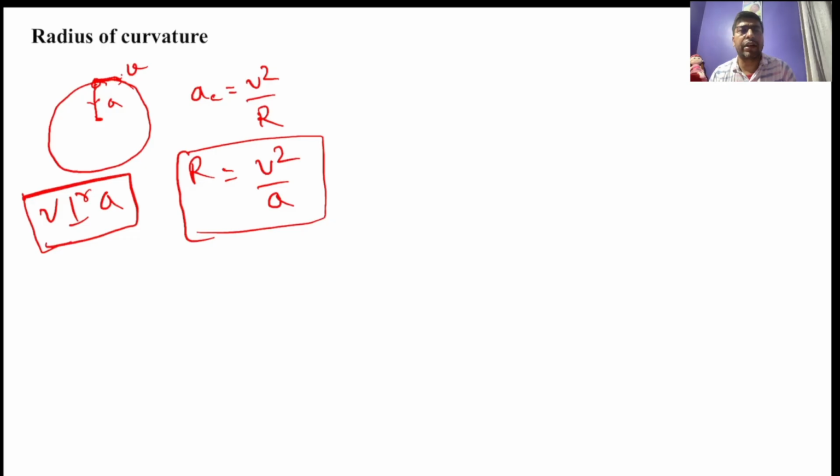Whenever we have to calculate radius of curvature, what we have to do? We have to take the square of velocity and divide by acceleration that is perpendicular to velocity, right? So same in projectile motion.